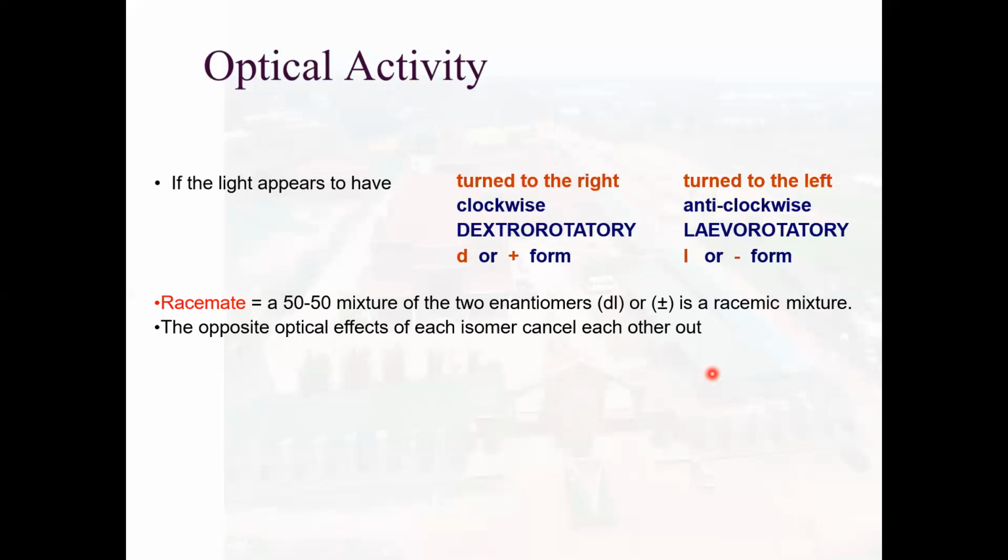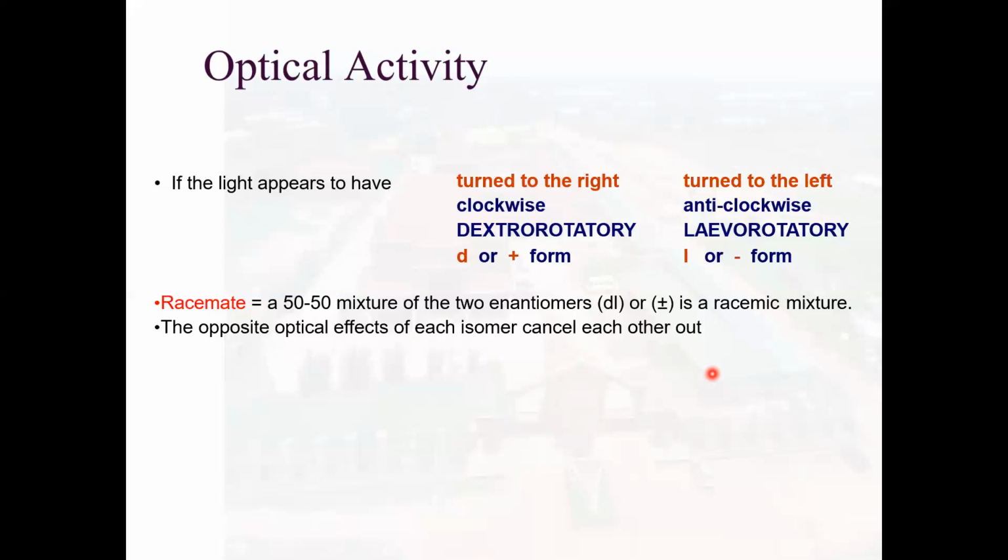Don't get this confused. The compound can either rotate a plane polarized light to the right, or rotate a plane polarized light to the left, or such a compound will not rotate a plane polarized light at all, yet it has a chiral center. Don't forget that every achiral compound will not rotate a plane polarized light at all, but there are some compounds that are actually chiral, and yet the plane polarized light will not be rotated.